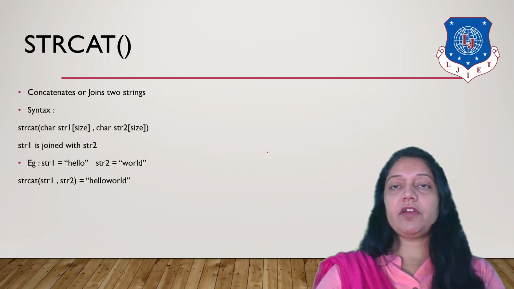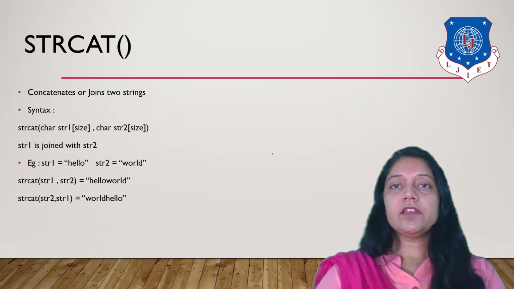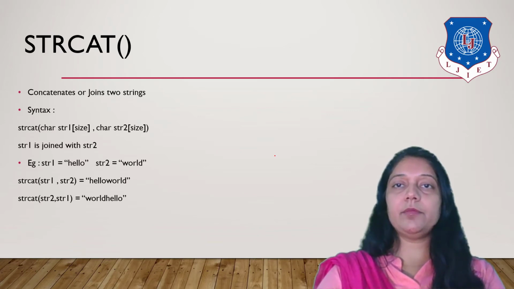For example, if I want the reverse output, that is I want world first and then hello, then we'll use strcat(str2, str1). The first parameter, or the first array, would be str2 and the second parameter would be str1. The value we have in str2 is world, so at the end of world, hello will be attached. So the final output would be world hello.